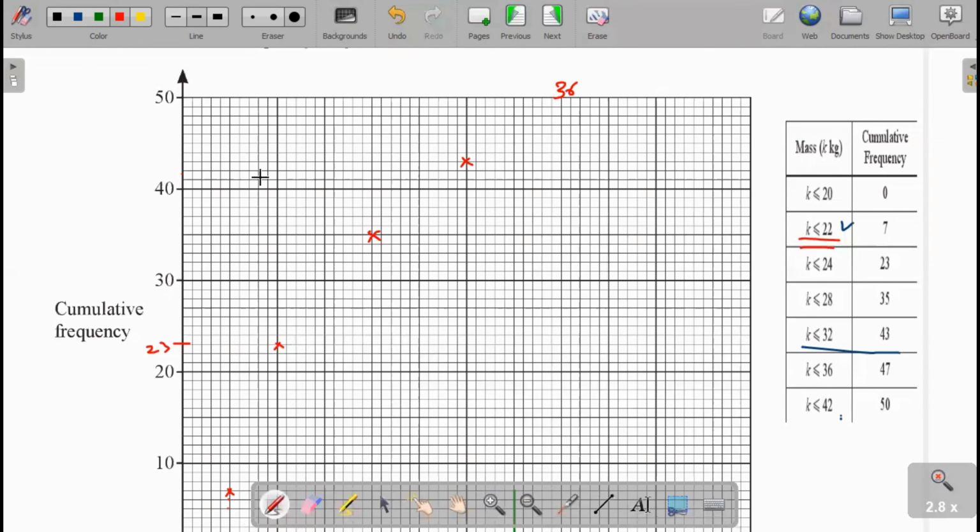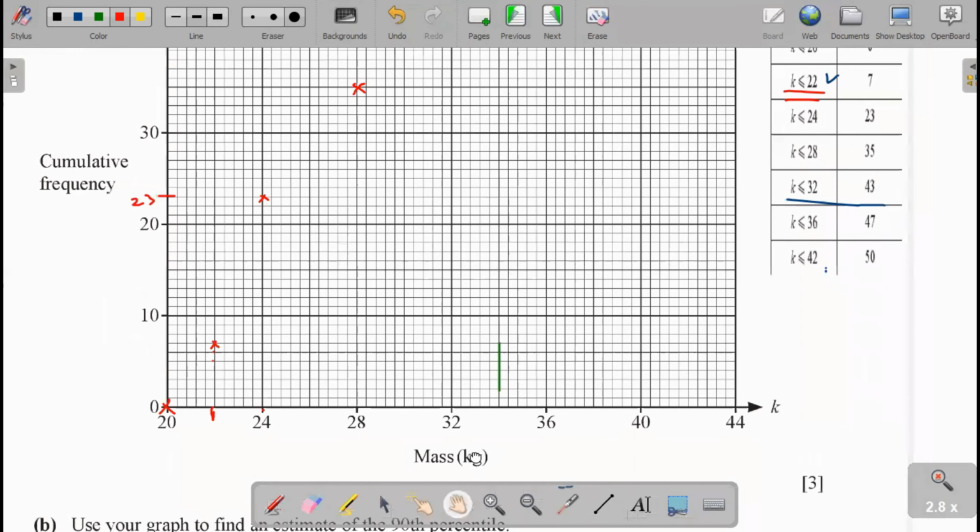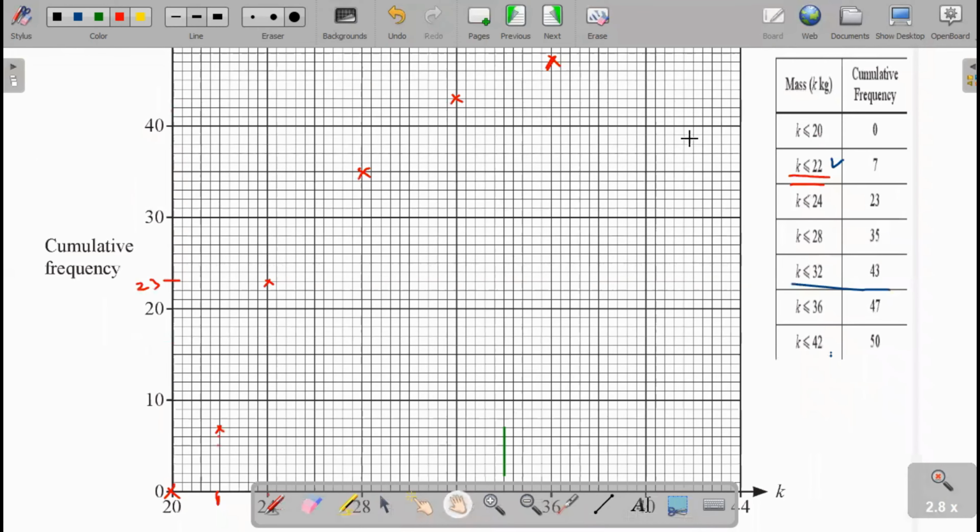Now 36 to 47, and this value is 47. And last is 42 to 50, and that value is 50.